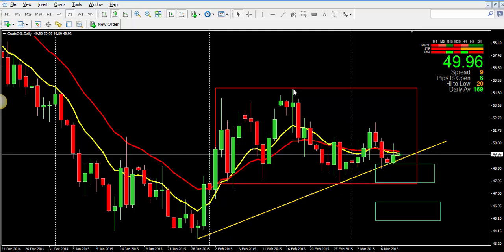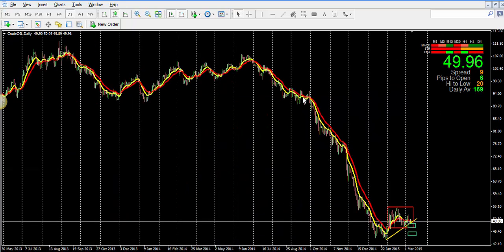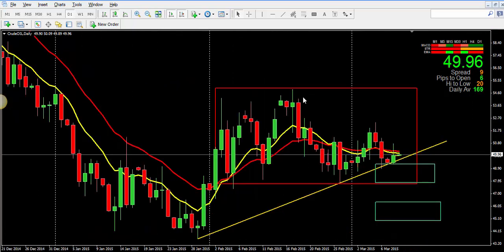So in a non-trending market, identify the lows and the highs of that range, buy the lows and short sell the highs. Because the price of crude oil has fallen too much, I am really not planning to short sell a lot.